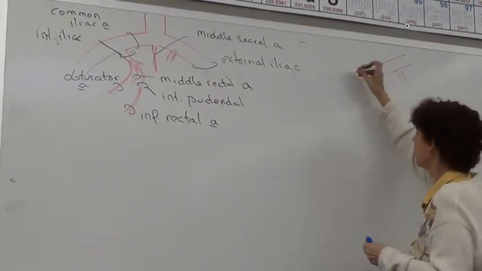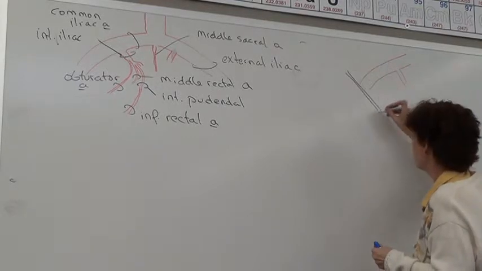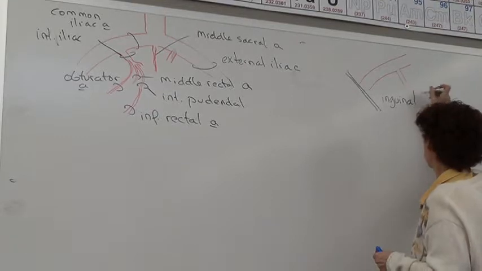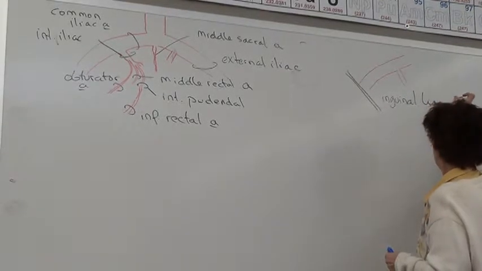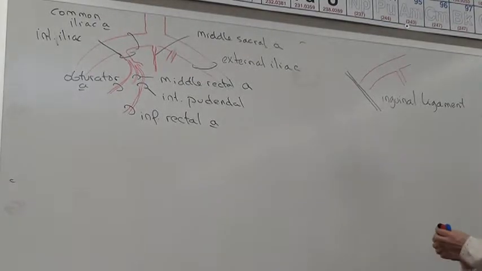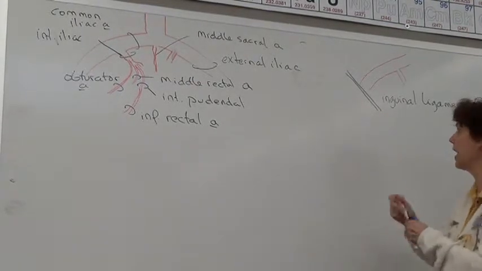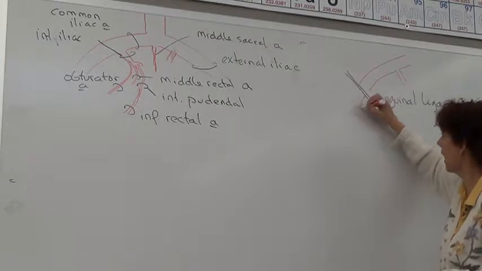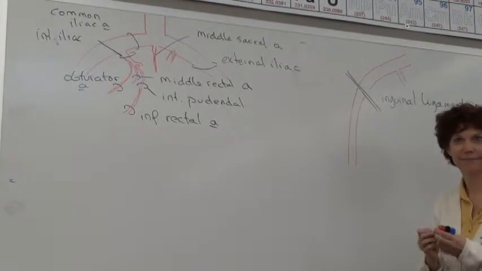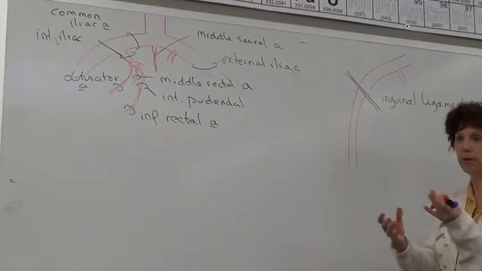And now our barrier that changes it to femoral is the inguinal ligament that passes across the pelvis from ilium to pecten, the pubic bone. As soon as it comes out from underneath that and comes into the anterior thigh, it is the femoral artery. Well, femur, femoral artery.